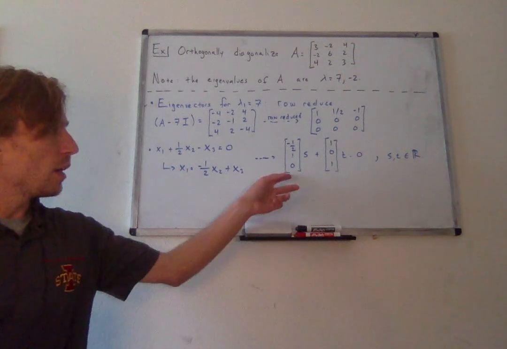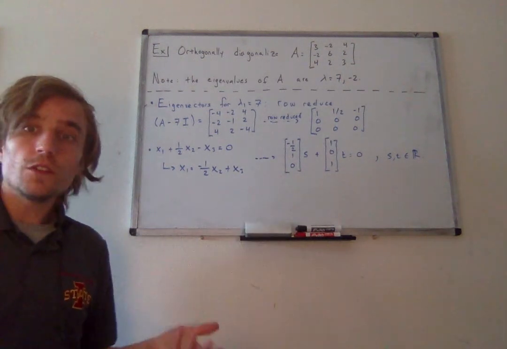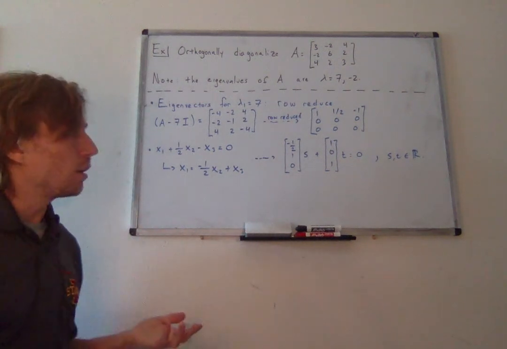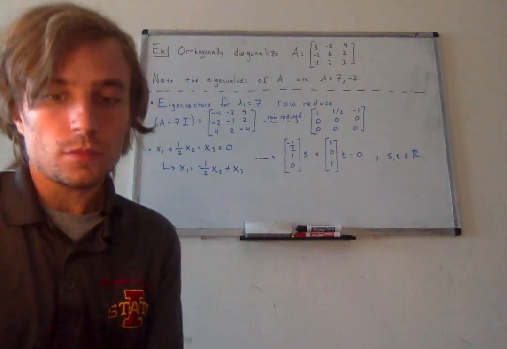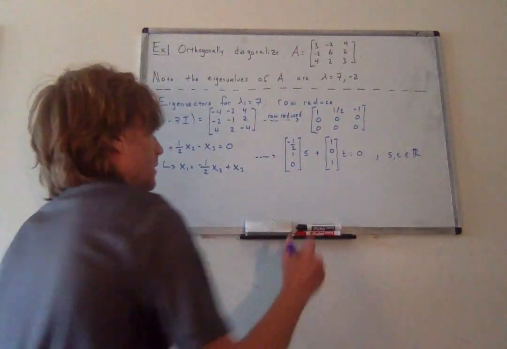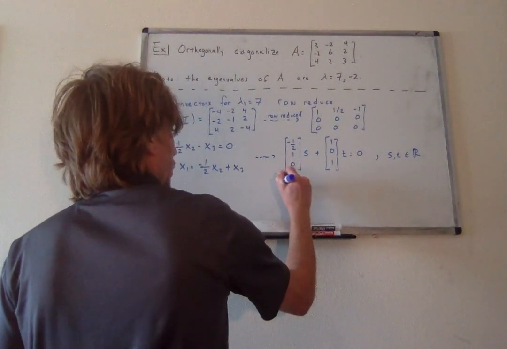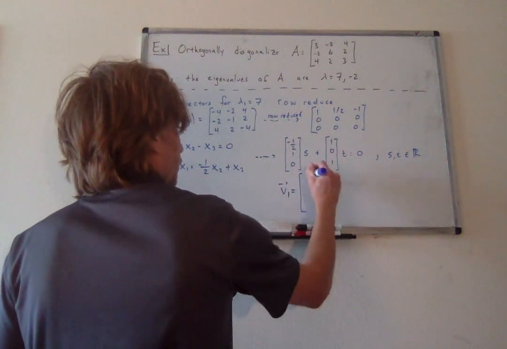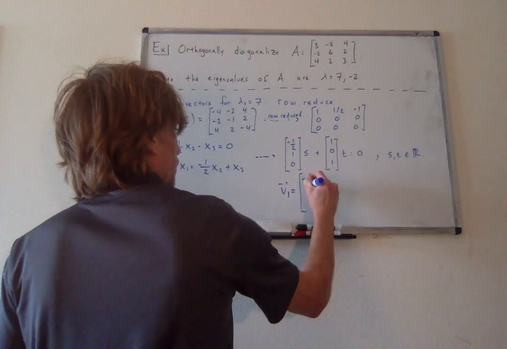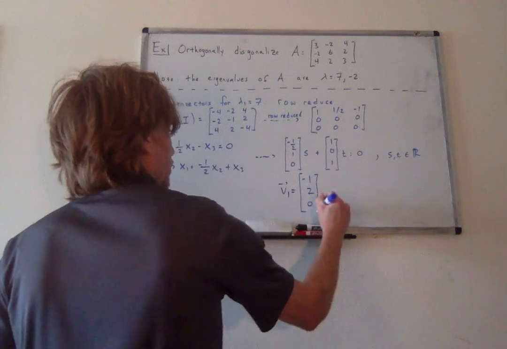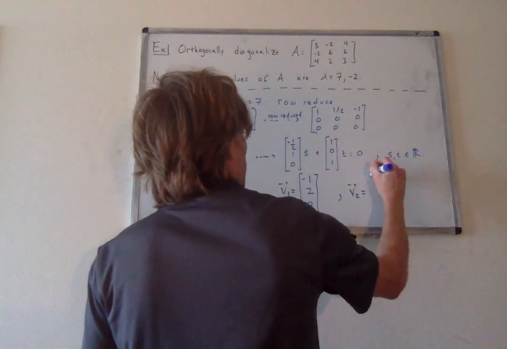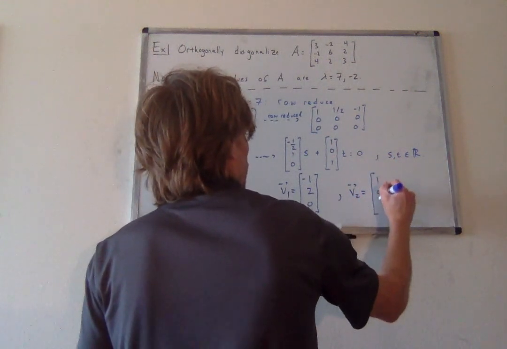And remember, while every single linear combination of these two vectors is an eigenvector of A, it's probably easiest just to take the smallest scalar multiples of these two vectors that don't involve fractions, and let those be the eigenvectors we choose.